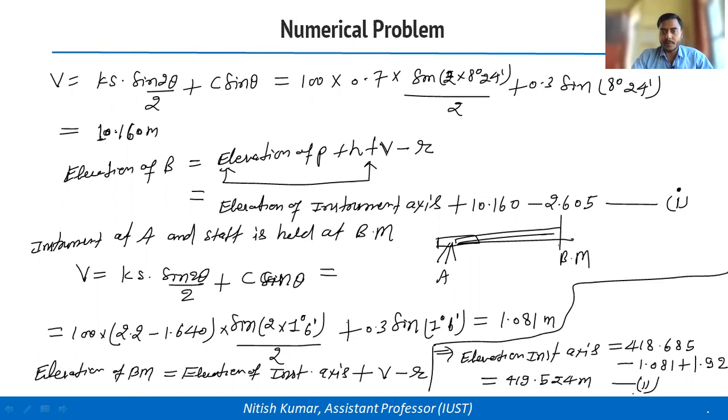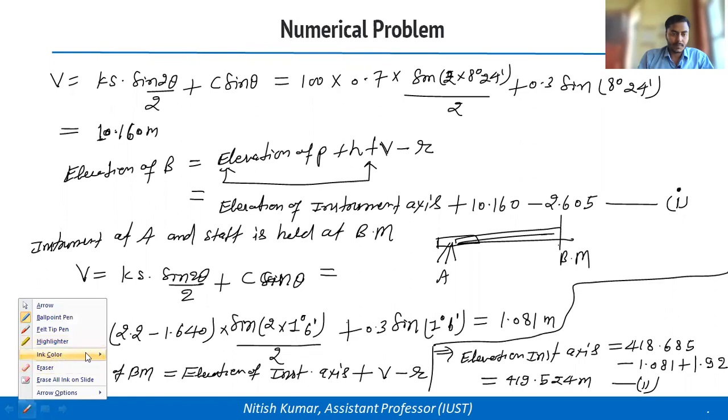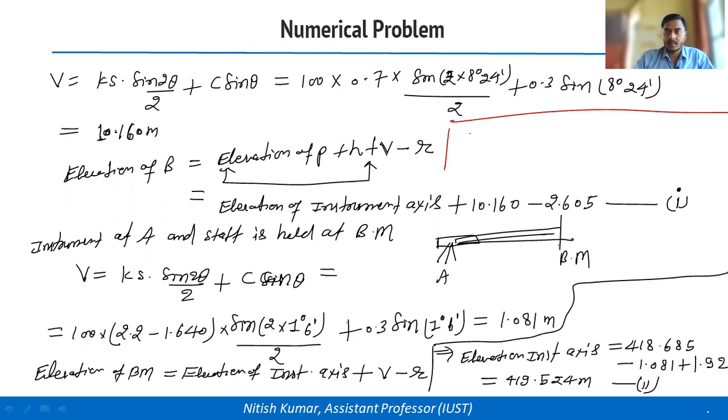We can get the elevation of B. So I'm writing directly here. Okay, so we can calculate the elevation of B: elevation of instrument axis, we have calculated 419.524, plus V. What is V here?